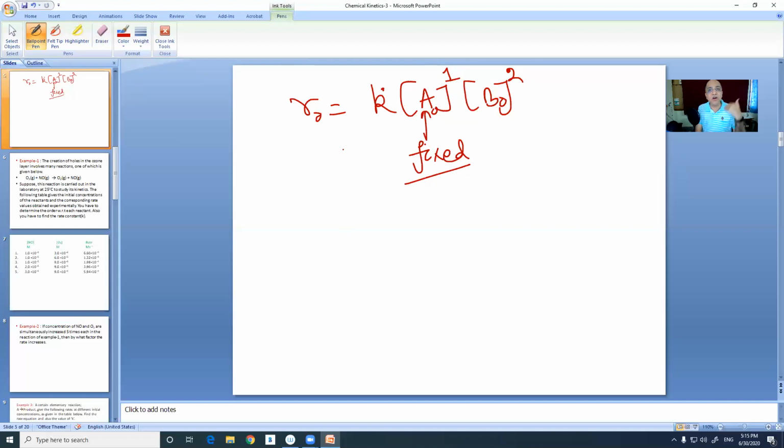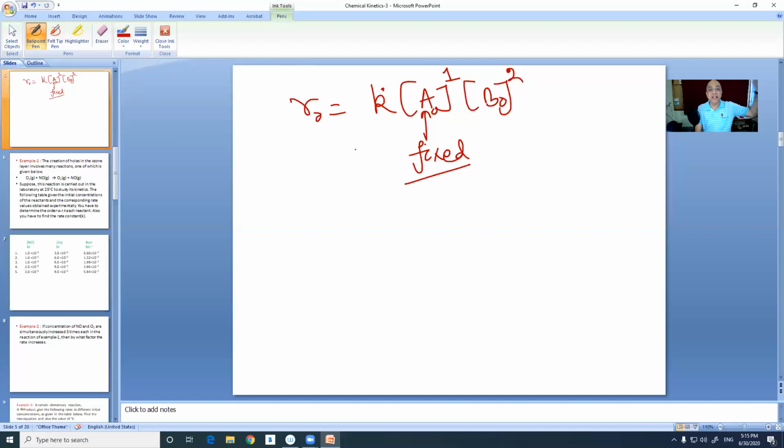But to determine the order with respect to one reactant, you have to keep the other reactant's initial concentration fixed, and for the one whose order is to be determined, you change the concentration, double it, and see what happens to the rate. Then again make it 3 times, see what happens.